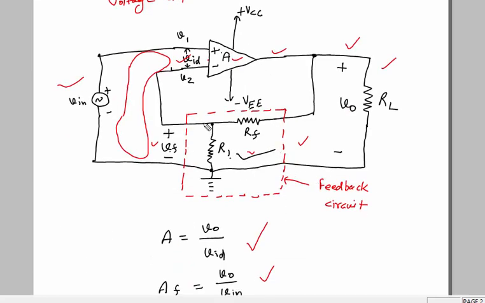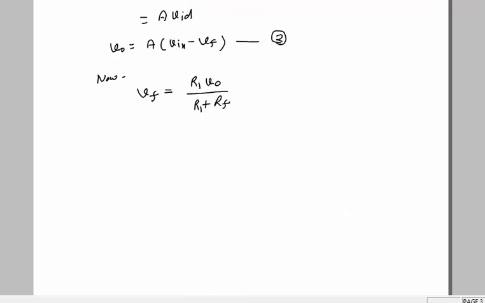The voltage here, VF, is R1 multiplied by this V naught, which is here, divided by R1 plus RF. It was a simple voltage division rule.